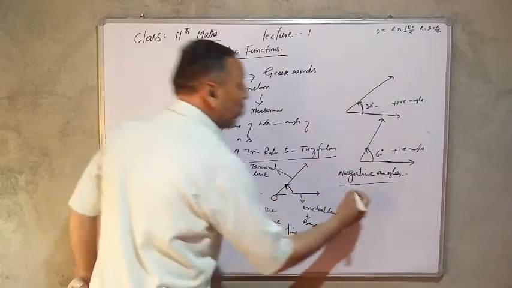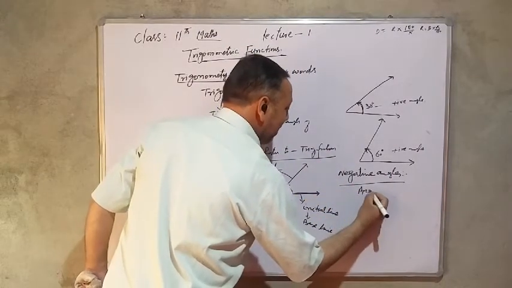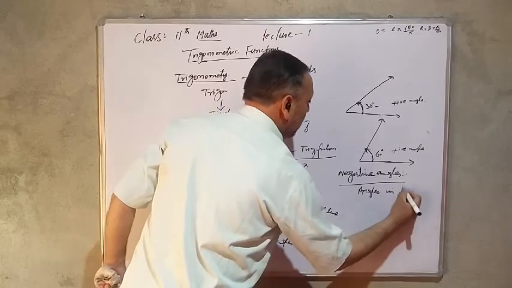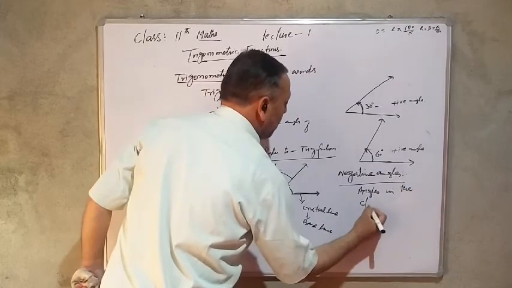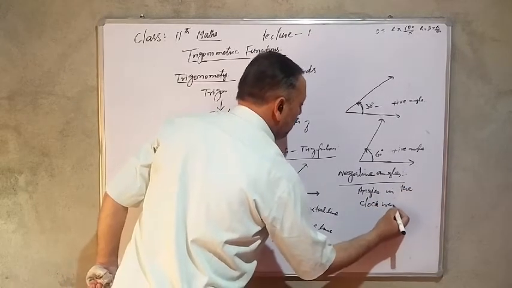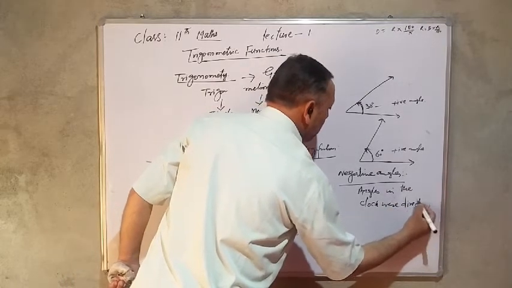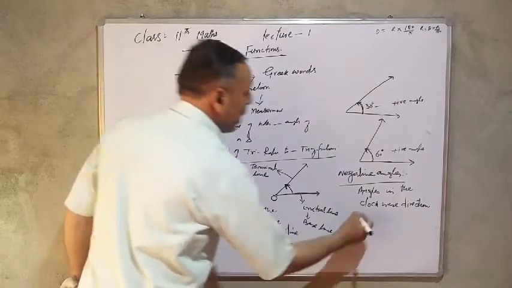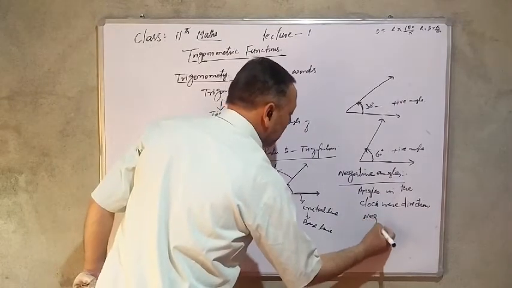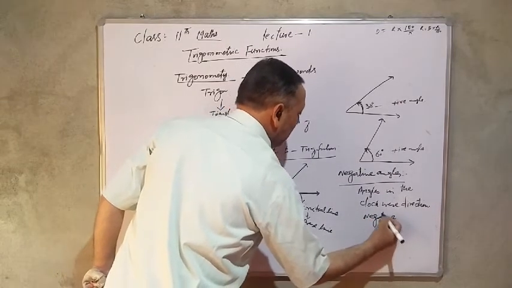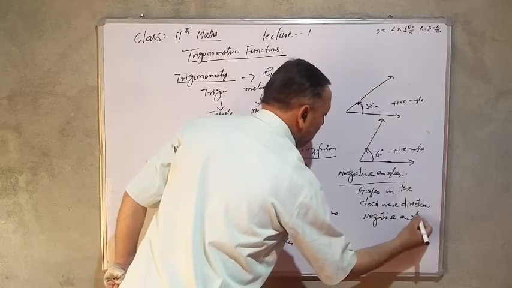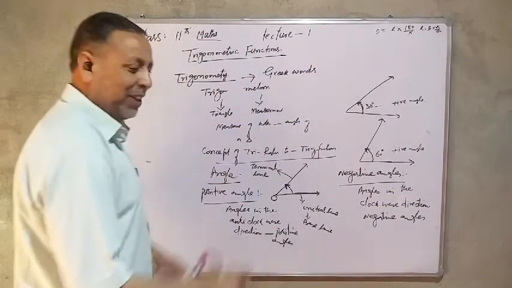Angles which are in the clockwise direction are negative angles.